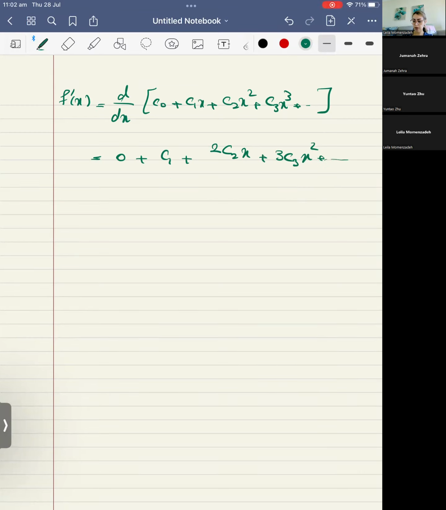And now if I put f prime of 0, then you find c1 because all the other terms go to 0.